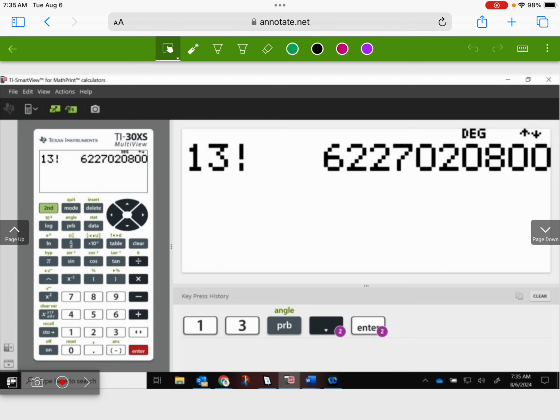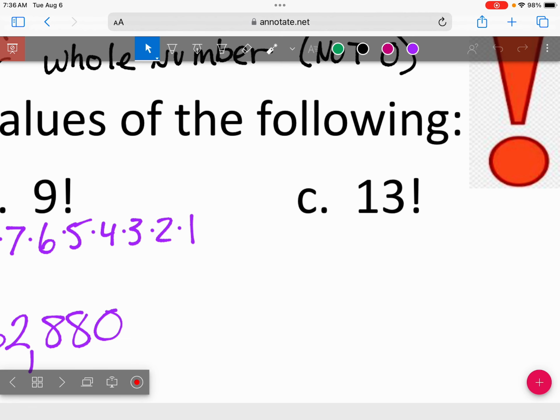So when in doubt, start with the commas. We've got 6,227,020,800. So these factorials get really, really big, really fast.